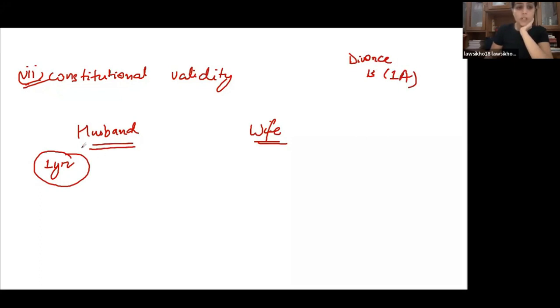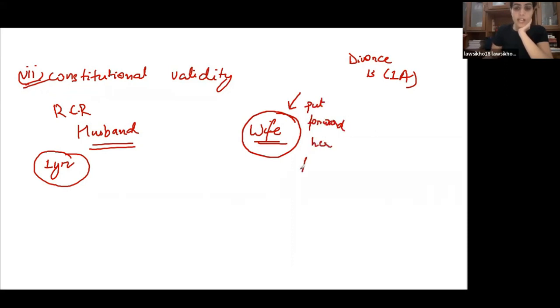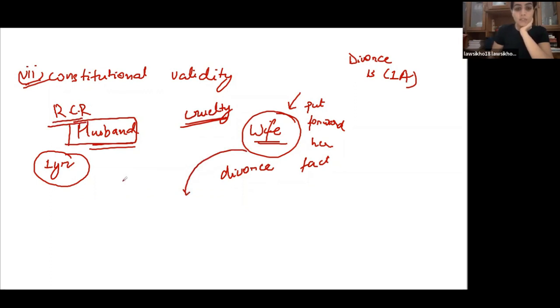When the husband approaches the court for a decree of restitution of conjugal rights, the wife can put forward her side of the story and ask for divorce as well. Let's say the husband used to treat the wife with cruelty, and the wife, for this reason, withdrew from the society of the husband and started to live separately. So in a suit instituted by the husband for a decree of restitution of conjugal rights, the wife, in the alternative, can ask for divorce on the ground of cruelty.